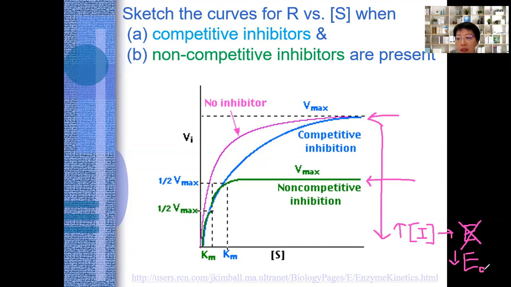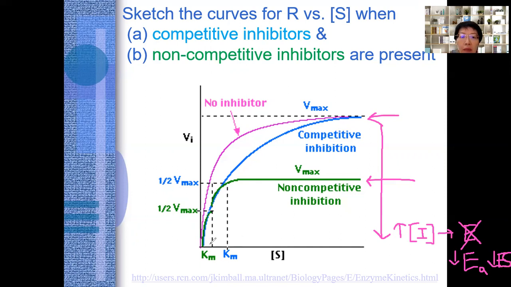So when you decrease the enzyme concentration, you decrease the number of enzymes available to collide with the substrate. You decrease the available enzyme for the substrate to sit in. Therefore, you're decreasing the chances of forming the ES complex. So the rate will drop. Can you see that?